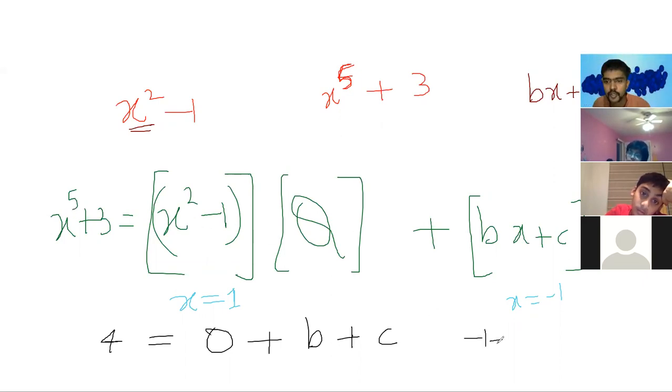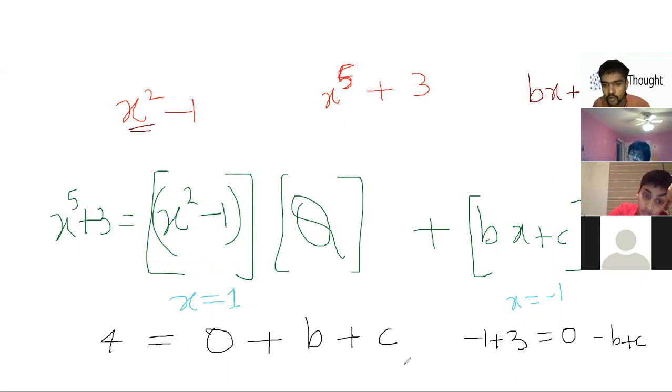I'll get minus 1 plus 3 is equal to 0 plus minus b plus c. Right? So I'm getting 4 is equal to b plus c and 2 is equal to minus b plus c. So from this, can I get c is equal to 3 and b is equal to 1? The sum is 4 and the difference is 2.